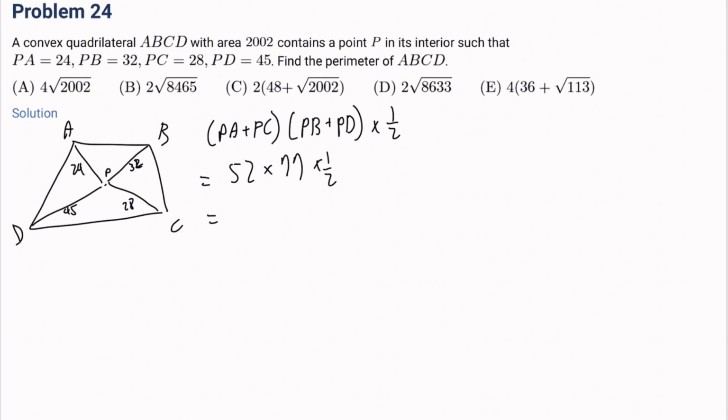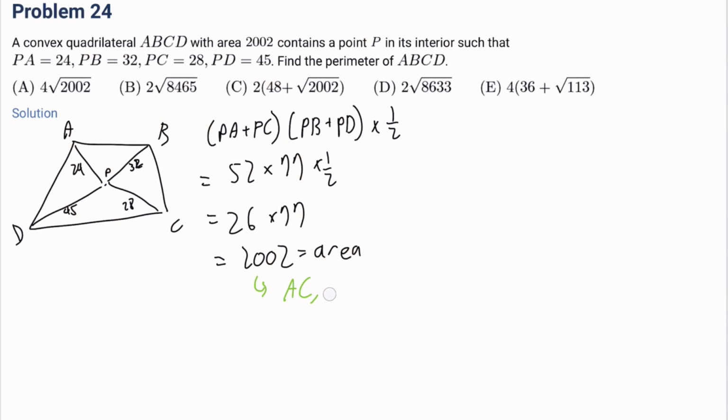So this is 52 times 77 times 1/2, which is 26 times 77, and that is equal to 2002. The problem said that the area is 2002, and so that must mean that the lines AC and BD are perpendicular.